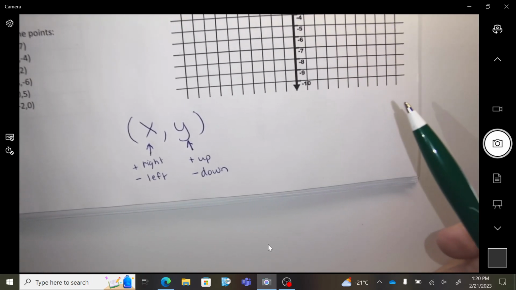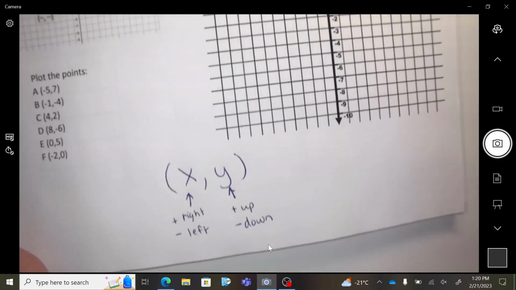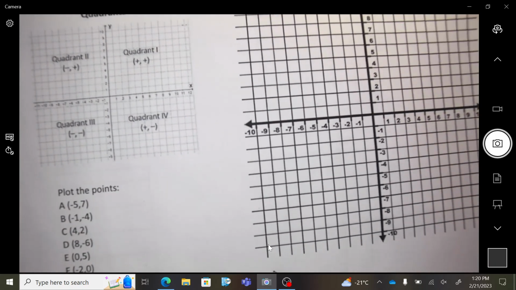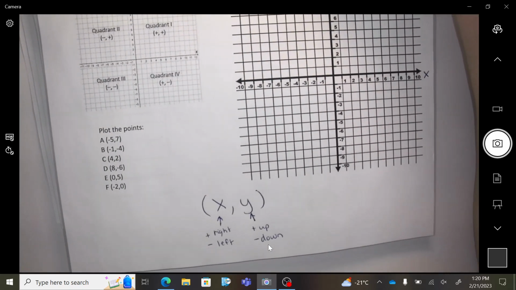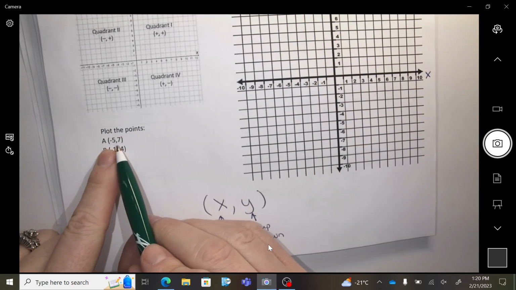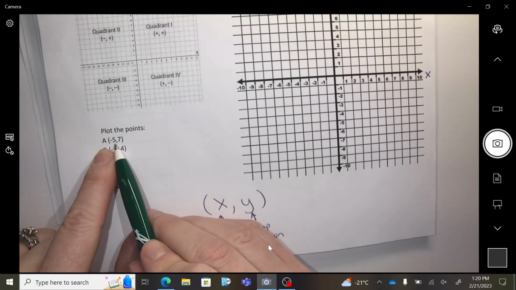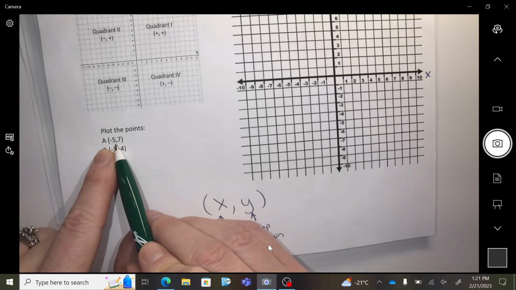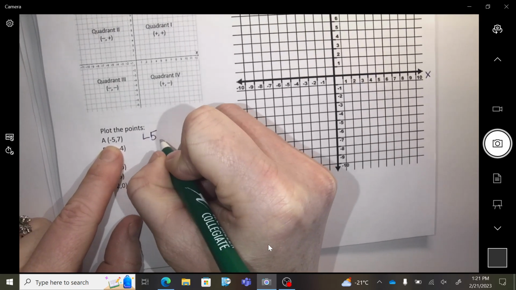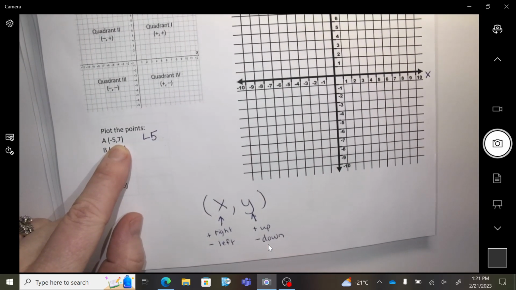Okay, so where would we put the coordinate A? It tells us to move 5 in which direction? Left, right, up, down. I'm going to go left 5 and then 7 in which direction?